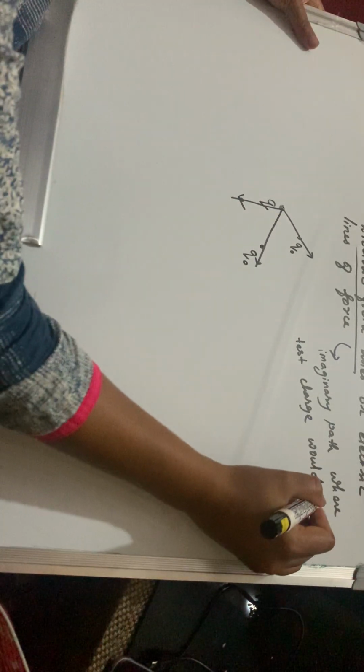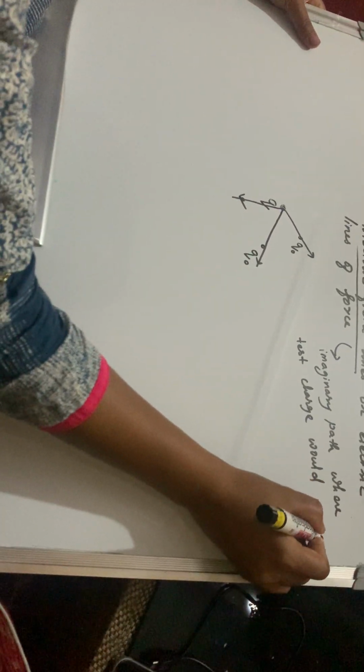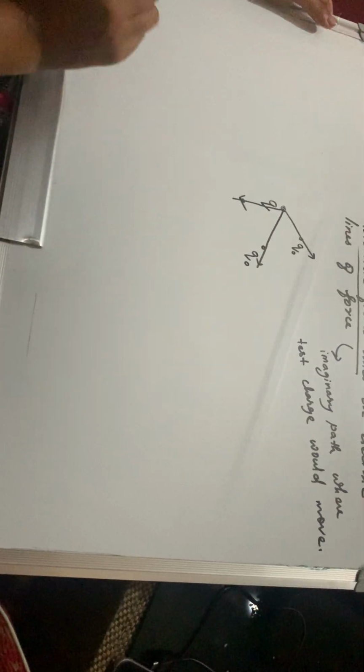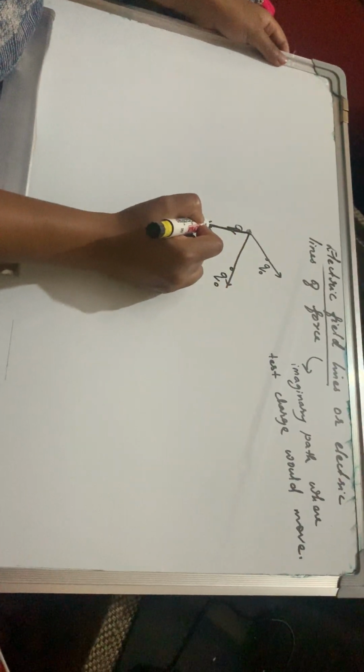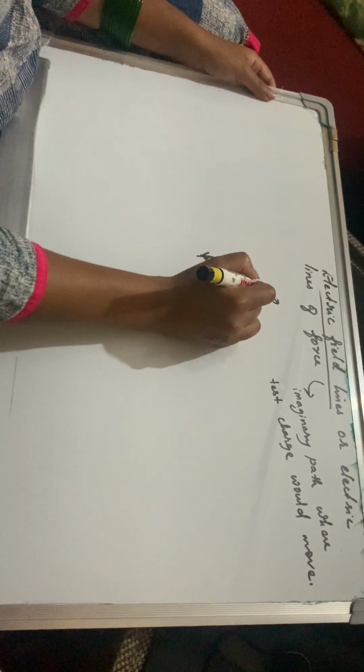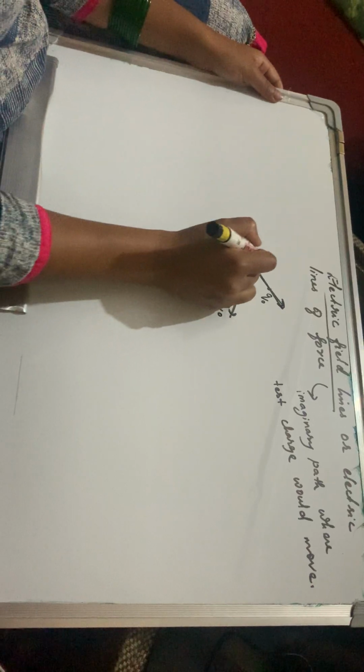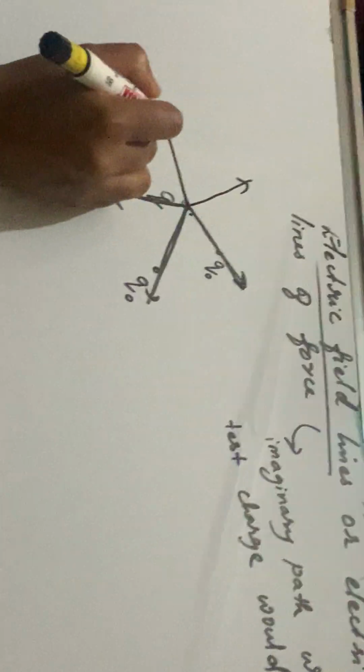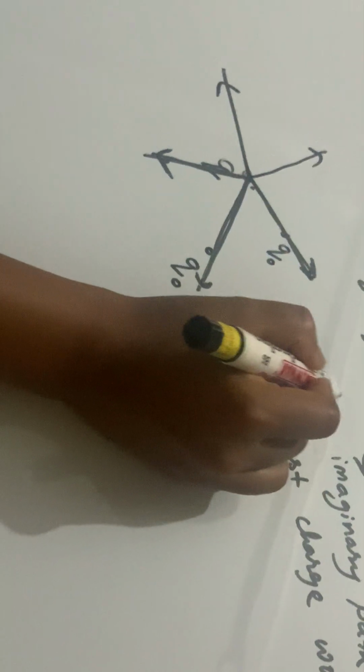So the definition of it you will find. So what is the direction of the electric field? The direction of the electric field in this case is given by this direction. So we are knowing it. This is point number 1.